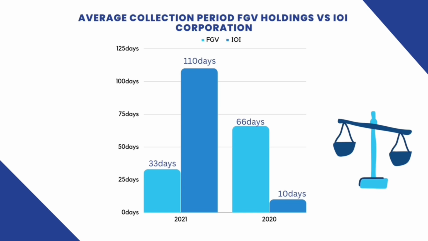Meanwhile, for FGV Holding, collect their debts as stated from 60 days and decreased to 30 days in year 2021. It shows that FGV Holding managed efficiently to collect their credit terms to financial health.